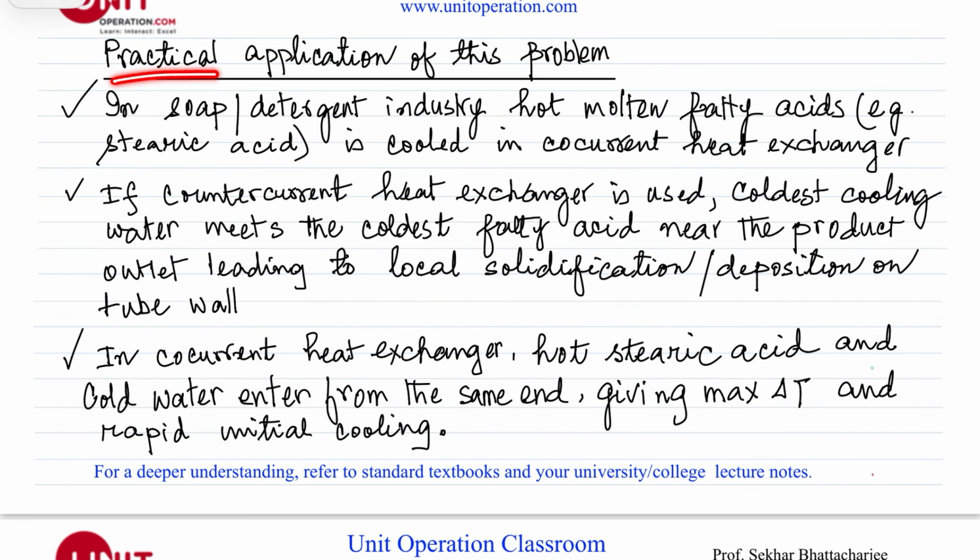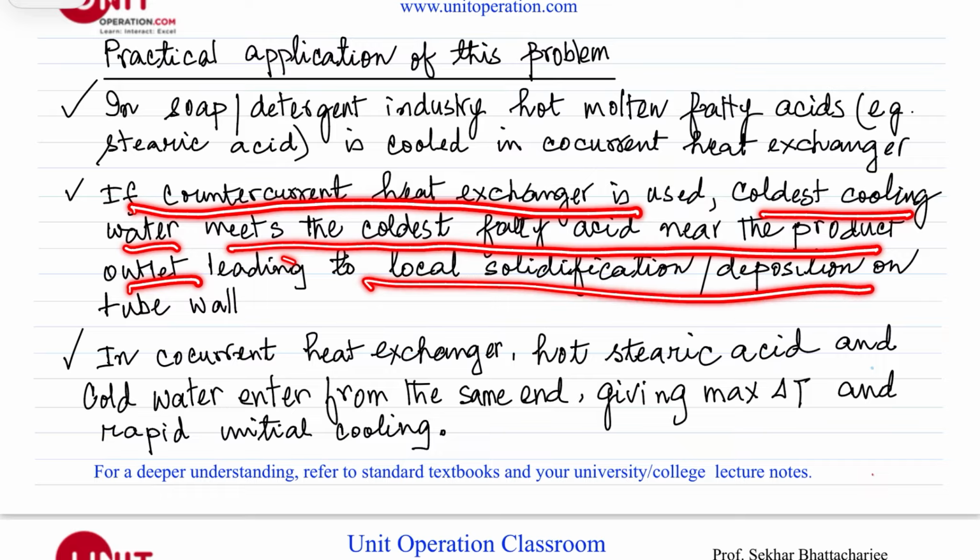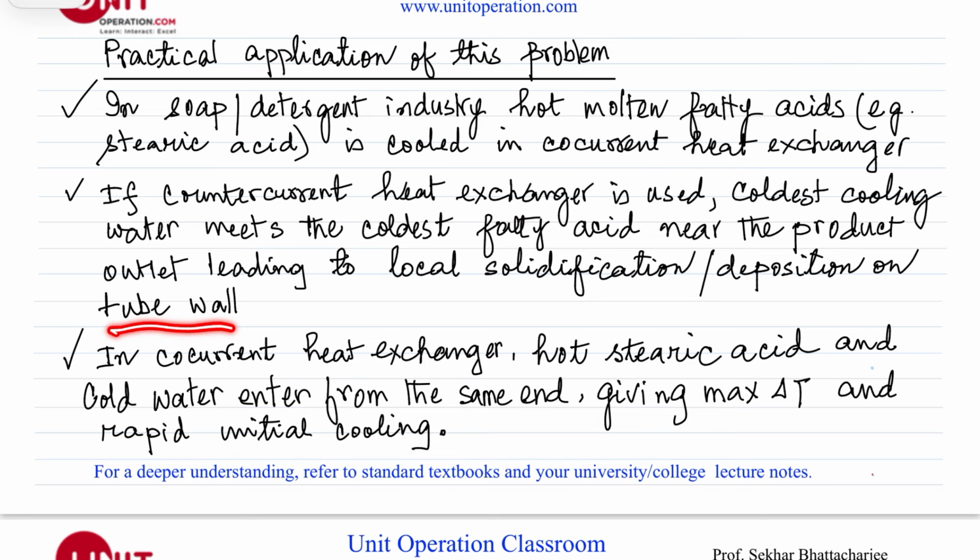Practical application of this problem. In the soap or detergent industry, hot molten fatty acid such as stearic acid is cooled in a co-current heat exchanger. Why? Because if a countercurrent heat exchanger is used, the coldest cooling water meets the coldest fatty acid near the product outlet, leading to local solidification or deposition on the tube wall.